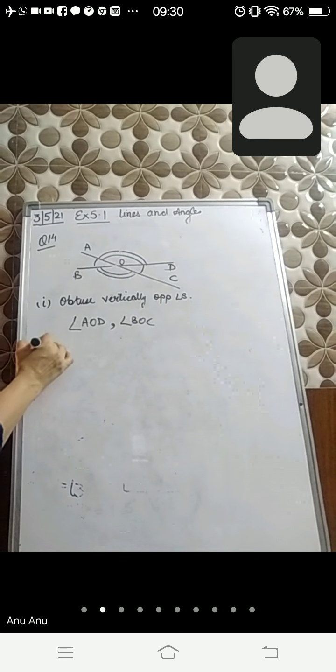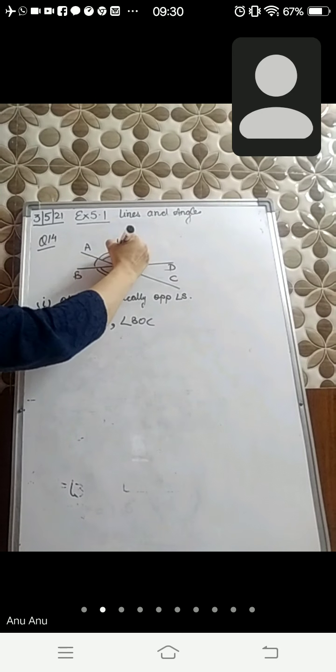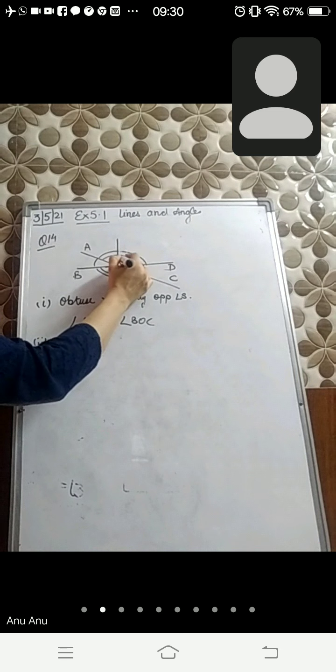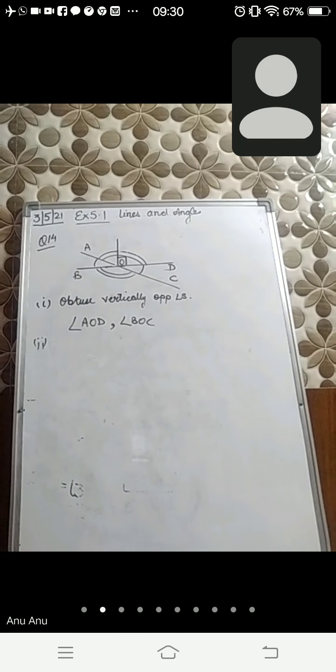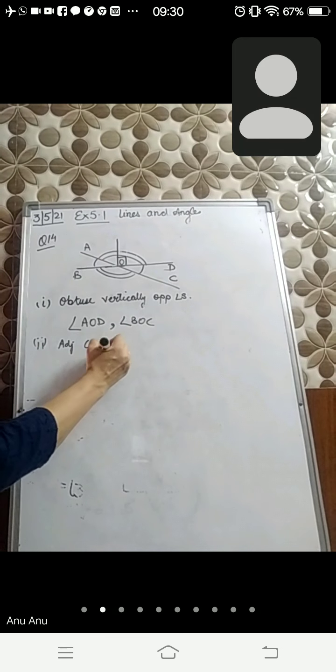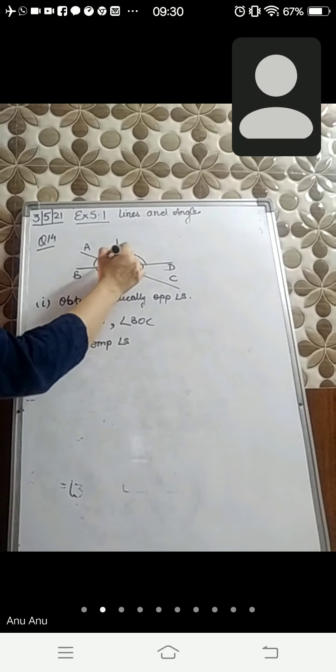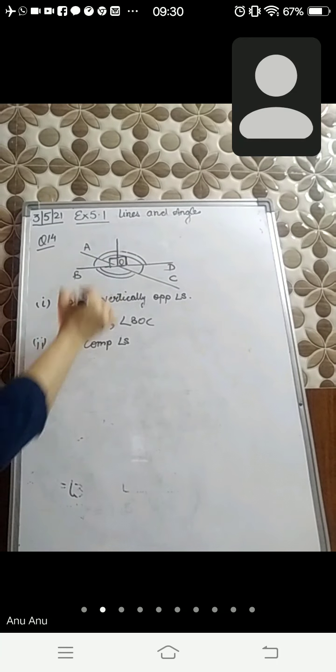Second part is adjacent complementary angle. Beta, one more line is given here that is making 90 degrees with the base. Now we want to give the answer of adjacent complementary angles. This angle is forming 90 and on the other side also we have 90.